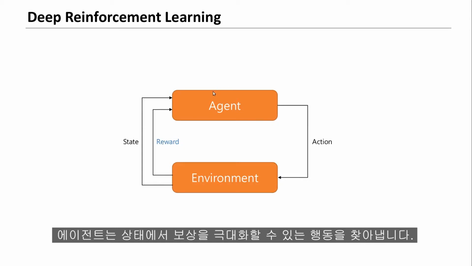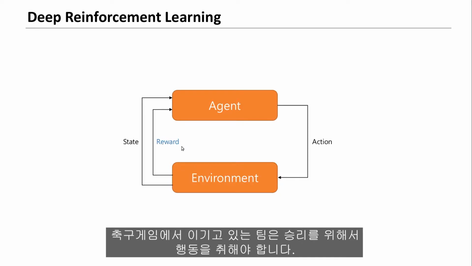The agent tries to map the states, choosing the action in order to maximize the rewards that it will receive in the future. For example, in the soccer game, the agent will try to take actions that lead it to win the game at the end.